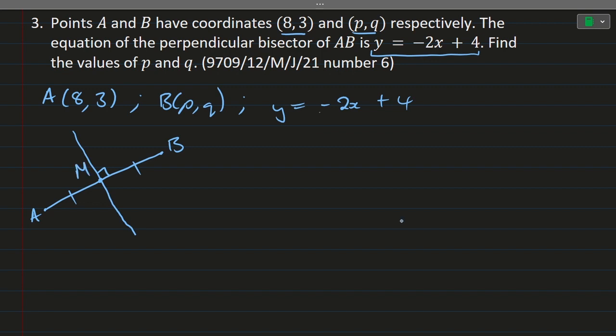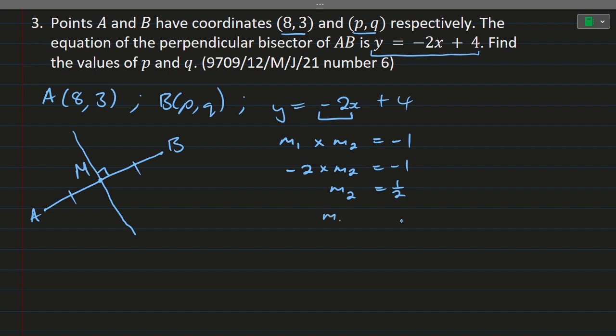Okay, so since we have the gradient of the perpendicular bisector, we can find the gradient of the line AB. These two lines are perpendicular, so m1 times m2 is equal to -1. So in this case, -2 times m2 is equal to -1. This means that m2 is equal to half.